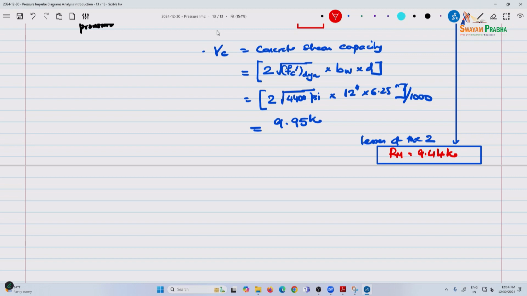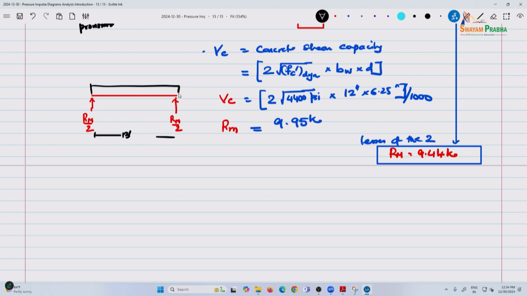Now, the other thing, I had mentioned that, let me mention Rm, this is Vc, this is interesting to see. If you have Rm by 2 at each end, and this is the span of 13 feet, the shear capacity is somewhere here, but that is Rm by 2.